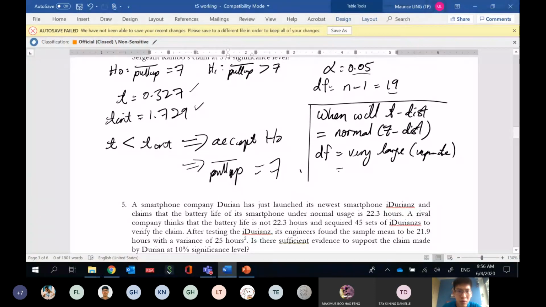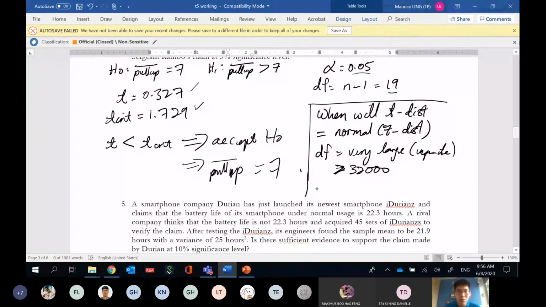In reality, the degrees of freedom have to be more than 32,000. So for those of you who did your secondary school A maths, you understand this. This is your limits. The limit for your T distribution to approach your normal distribution is when the degrees of freedom approaches infinity.